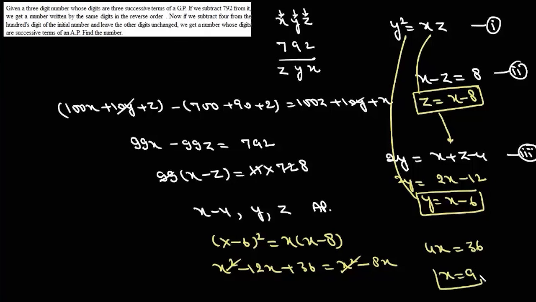The value of x is 9. Now if we put x as 9, we get y as 9 minus 6. So y will be 3 and z is 9 minus 8. So z is 1. So this number will be 931. And that is the answer to this question.